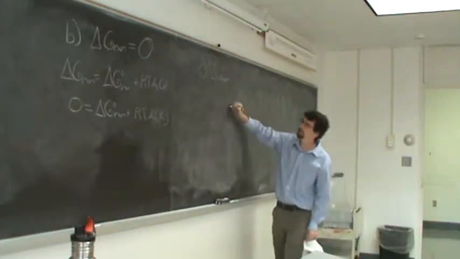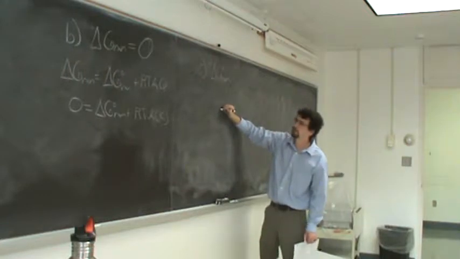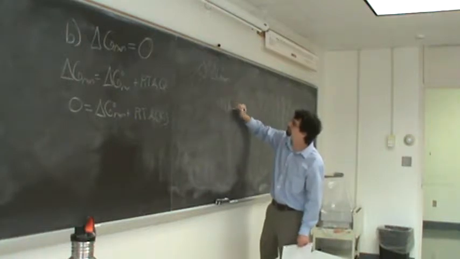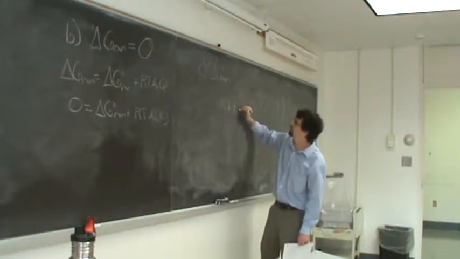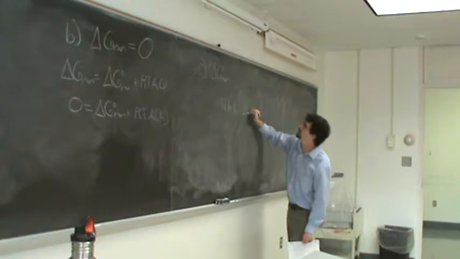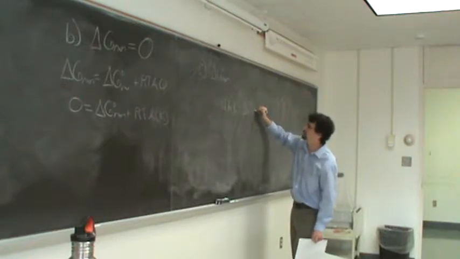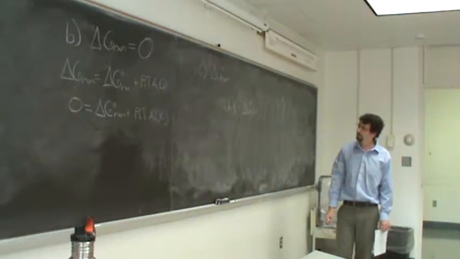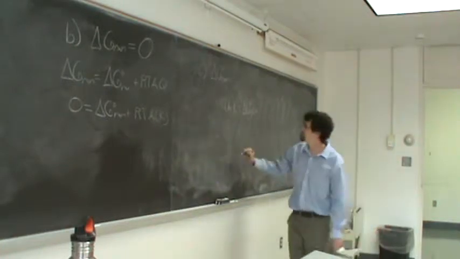So how are we going to manipulate that around? It's going to be equal to negative RT ln K. K is 4 in this case.